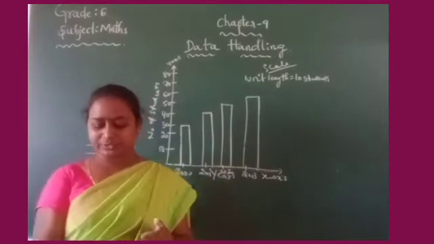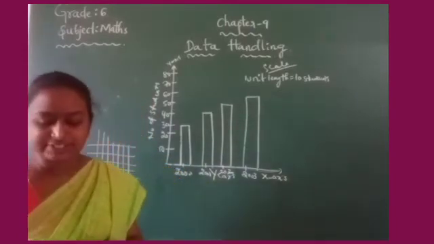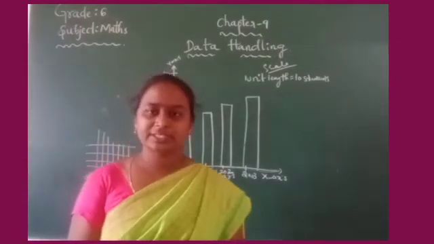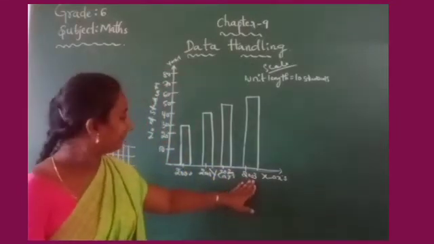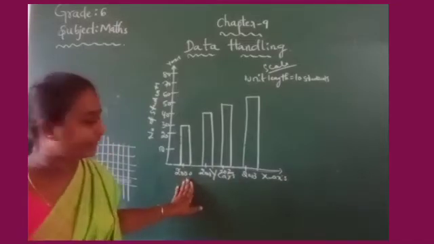Is the number of students in the year 2003 twice that in the year 2000? In 2003 there are 60 students, and in 2000 there are 30 students.